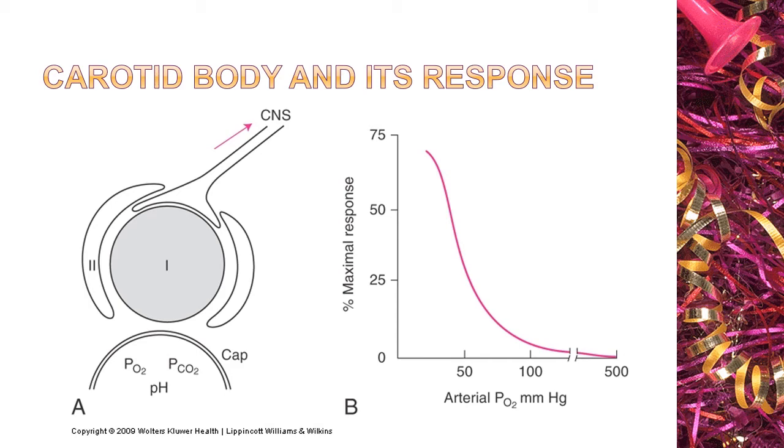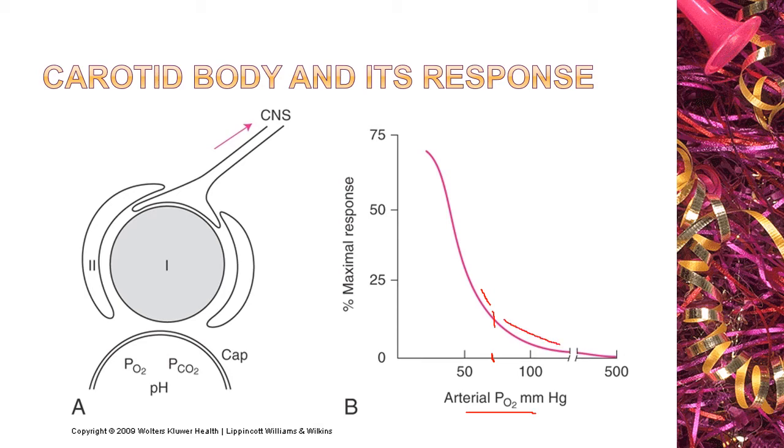Look at the arterial partial pressure of oxygen here, and you can see that if the partial pressure of oxygen reduces to about 70, 60, then the curve moves upward rather fast compared to the later part of this graph.